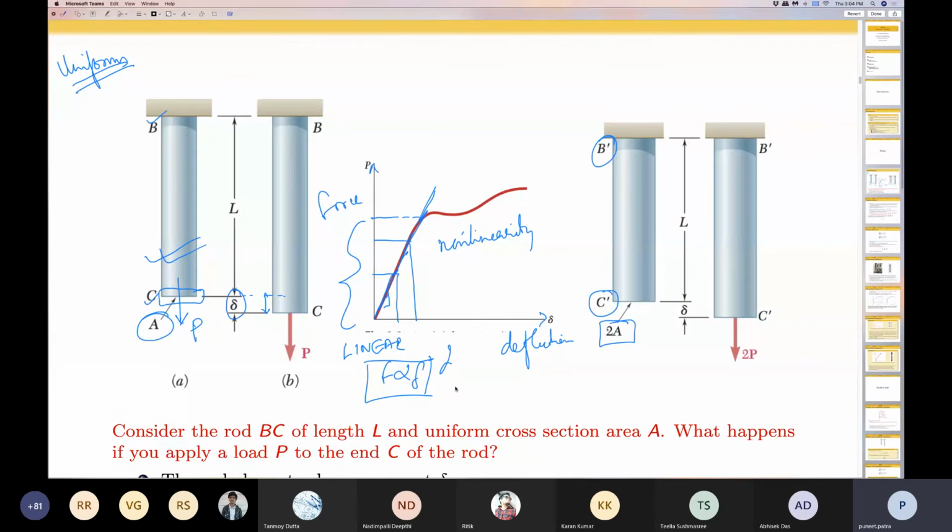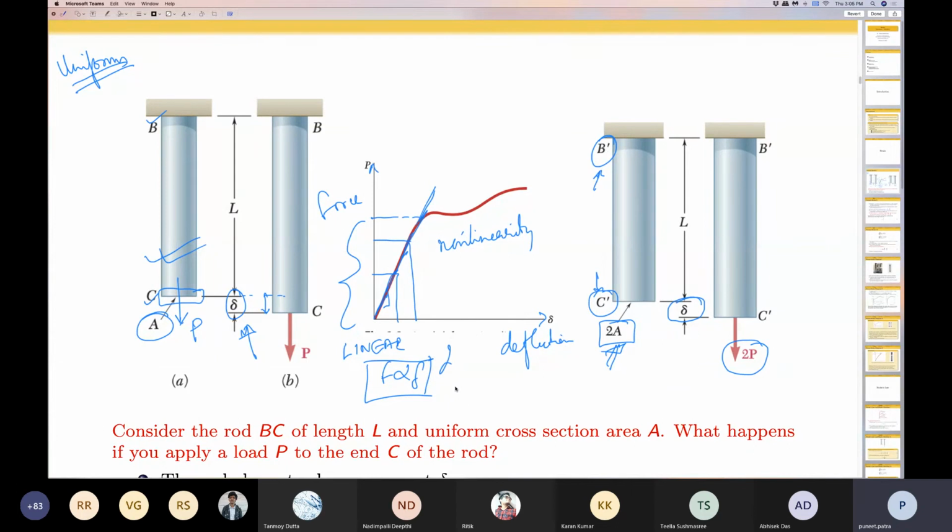Like in the previous case where the bar was BC and the length was L, for our case B dash C dash, the bar has a length L and it is made up of the same material, but it now has double the cross-sectional area. Experiments show that I would require a force of 2P in order to have the same amount of deflection as that of my original bar.